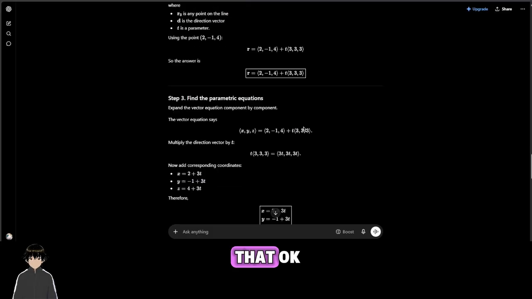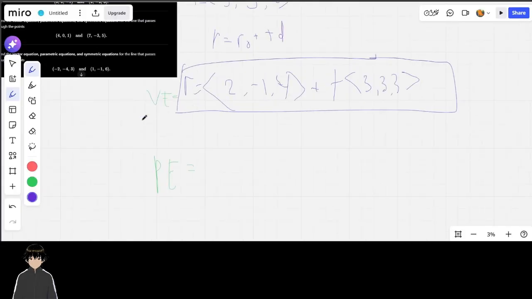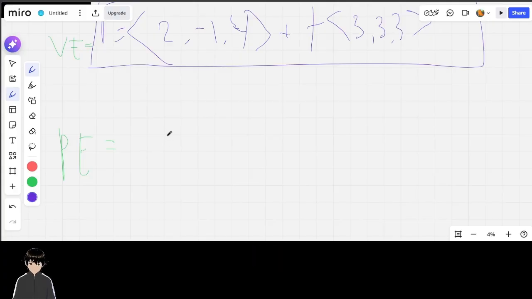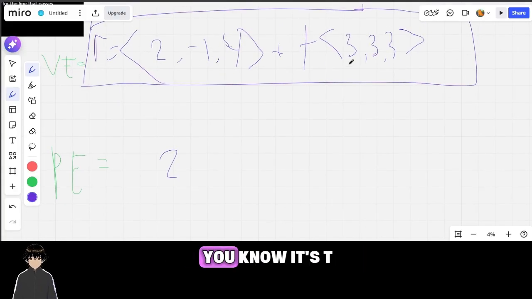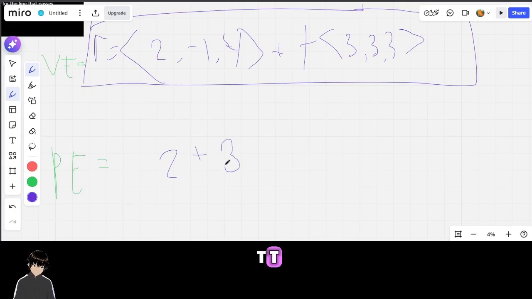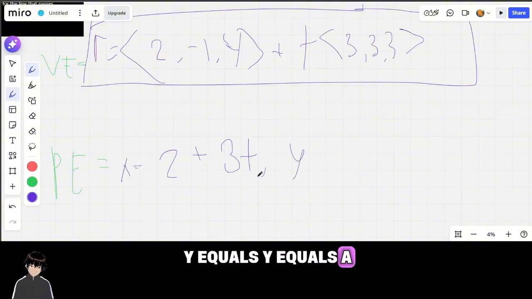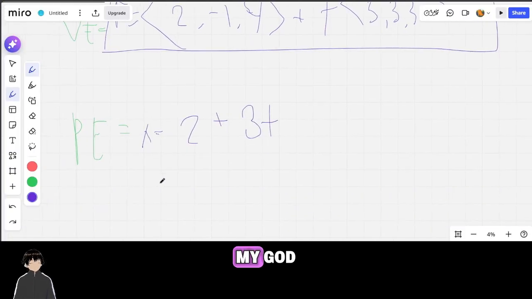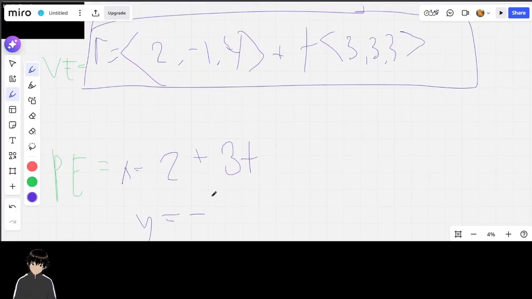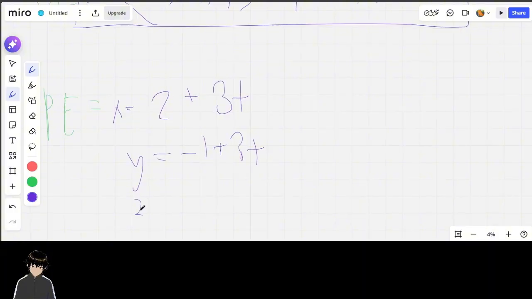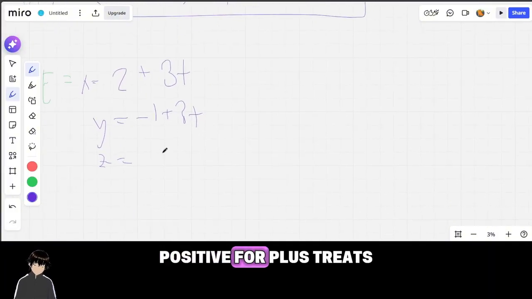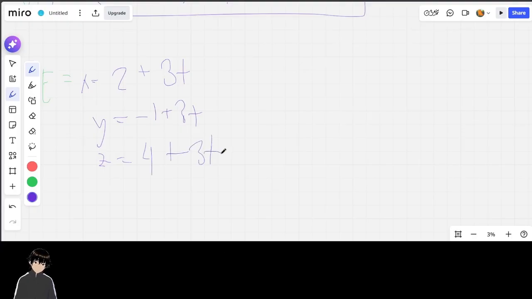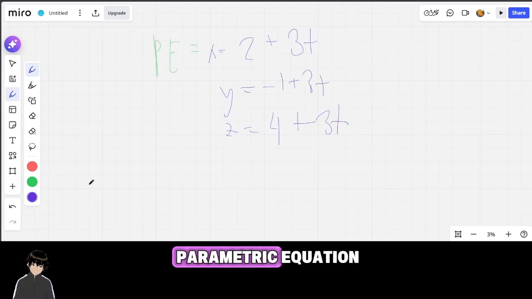Ah, so it's just that. Okay. So x equals 2 plus 3t, y equals 1 plus 3t, and z equals positive 4 plus 3t. That's the parametric equation.